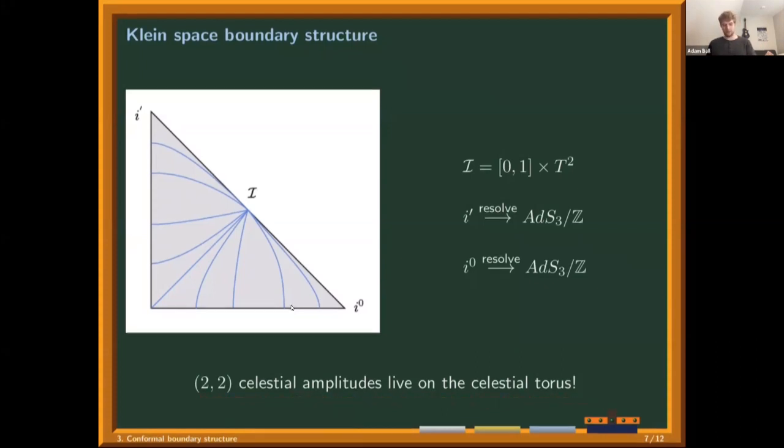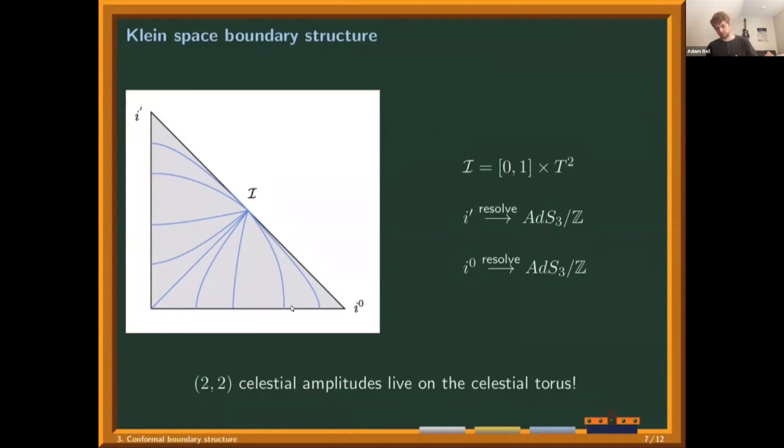Then we've also got the time-like and spatial infinities, which start off as points within the conformal compactification, but it's often useful to resolve them to codimension 1 hypersurfaces. Both of them get resolved to AdS3 mod Z, where the mod Z factor corresponds to quotienting by a global time translation.